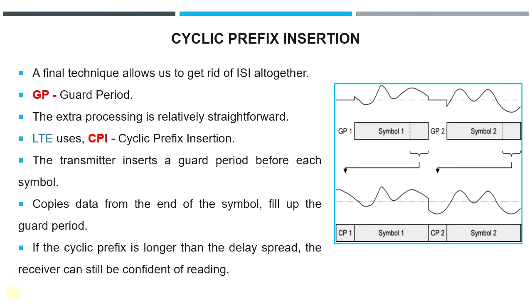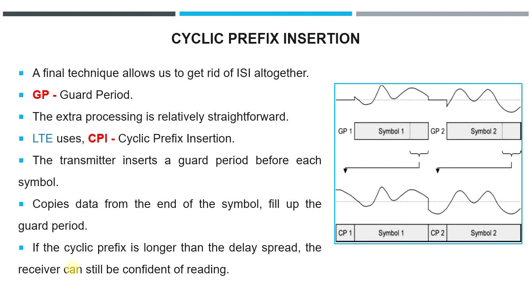Cyclic prefix insertion. Earlier in the video, we saw how OFDMA reduces the amount of inter-symbol interference by transmitting data on multiple subcarriers. A final technique allows us to get rid of ISI altogether.